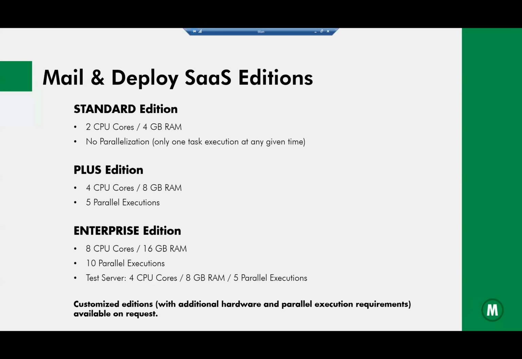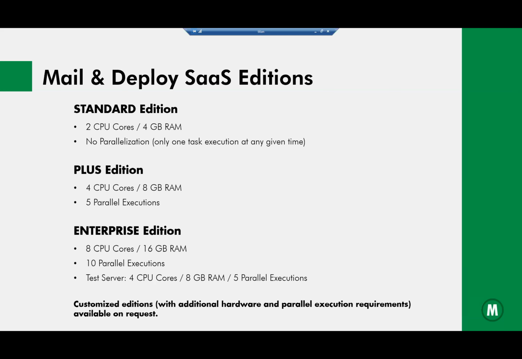That's included in the SaaS version as well, and it even works between an on-premise and a SaaS version. So even if you have a local Mail Deploy instance and you want to move your reports and tasks into your SaaS instance, that also works through the built-in deployment feature.